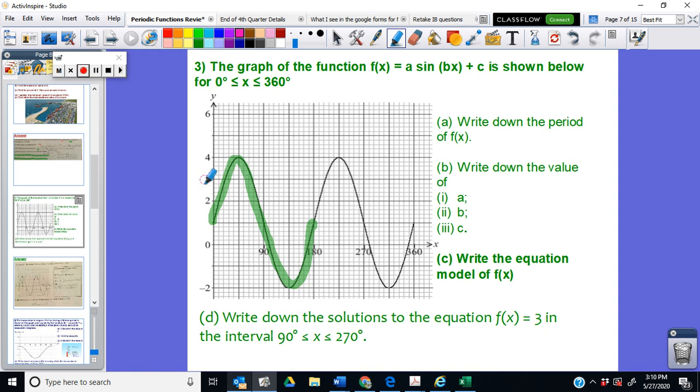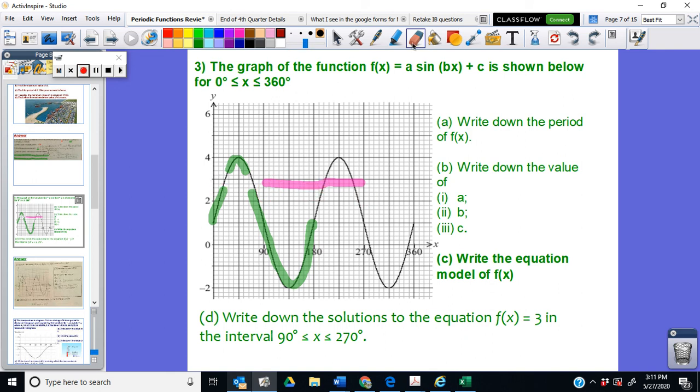And that means where does the curve intersect this line, but between 90 degrees and 270 degrees. So I don't care about this part or this part. I just want from 90 to 270 degrees.